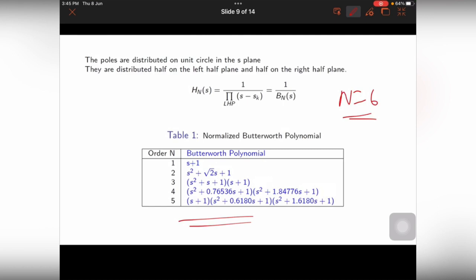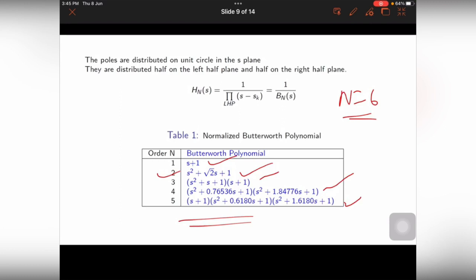When n is equal to 1, the normalized transfer function is s plus 1. When n is equal to 2, it is s square plus root 2 s plus 1. When n is equal to 3, you will get s square plus s plus 1 into s plus 1. And for n is equal to 4 and n is equal to 5, these are the transfer functions. Like this we can calculate the Butterworth polynomials.